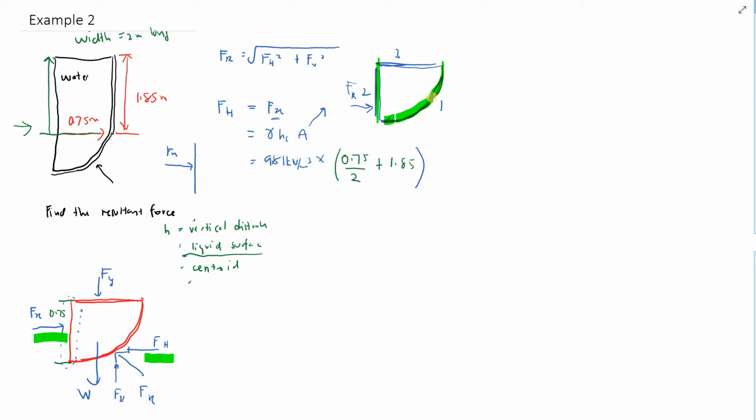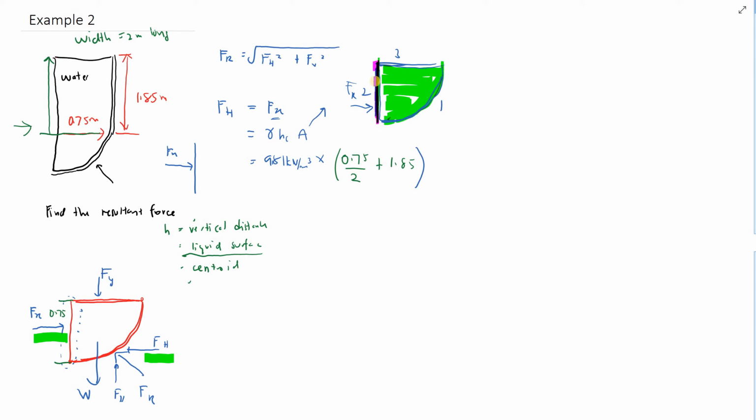I'm telling you, this is a common mistake done by students, where they will use the A here, or sometimes they use the A here, which is not true. You have to look at where your resultant force is acting, your surface of interest. So you are interested in this part, where your Fx is acting on it.